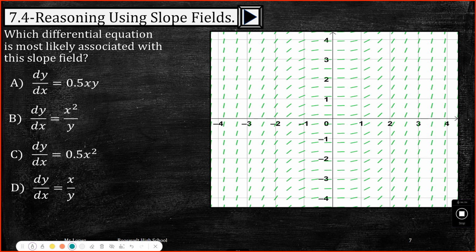If it's the same along the y, there's no y. You know what we mean, no y in the equation. Doesn't that give it away?